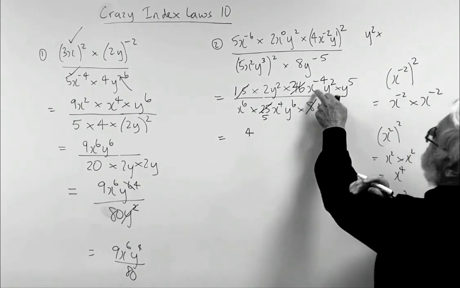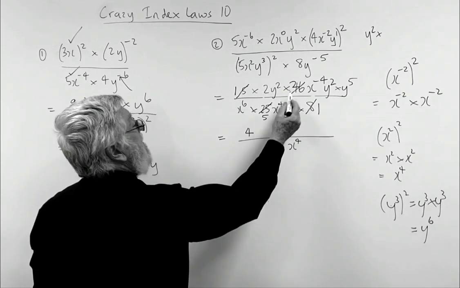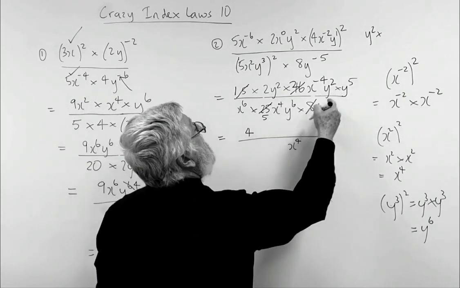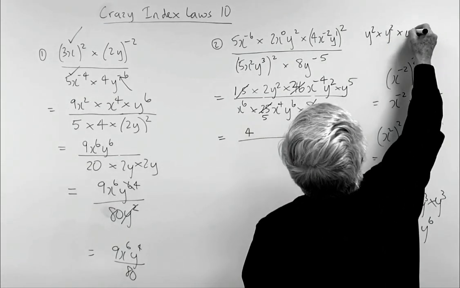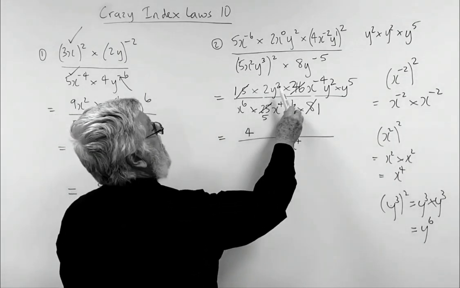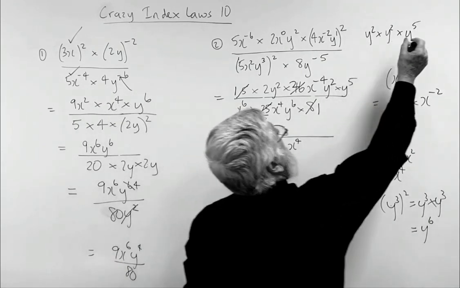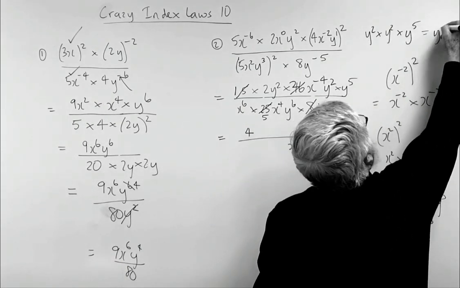So that x to the minus 4 has to go to the bottom. So I'm just going to write it down here. So I've got that x to the 4 moved to the bottom, and I've got a y squared and a y to the 5. 2 times 2 is 4. Y squared by y squared by y to the 5, you add the indices, y to the 9.